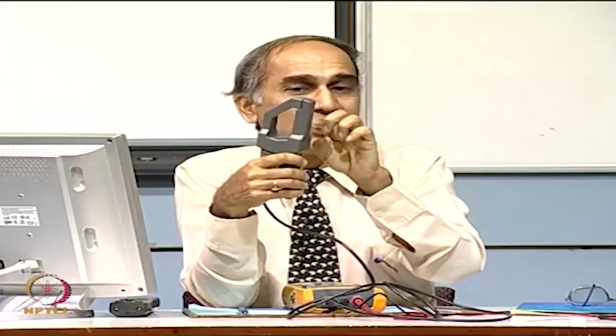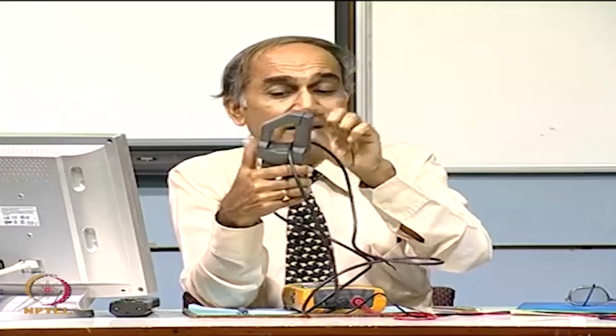I am deliberately telling this because you must have used it, but without knowing what it actually is. You will observe that this is actually a core. When you pass a wire through it, whatever the current is here, it gets reduced, and the reduced current goes into the meter. So it will measure the current this way.